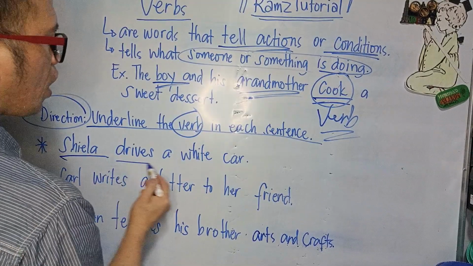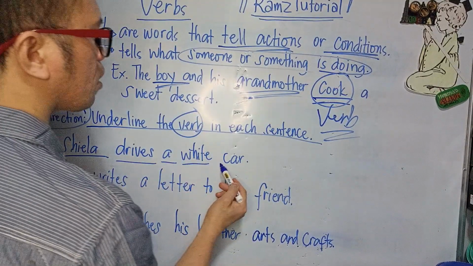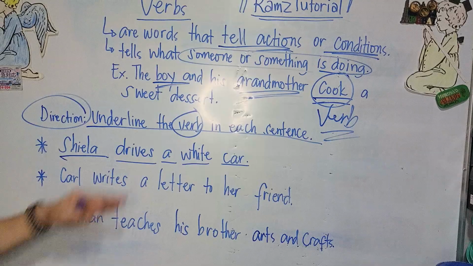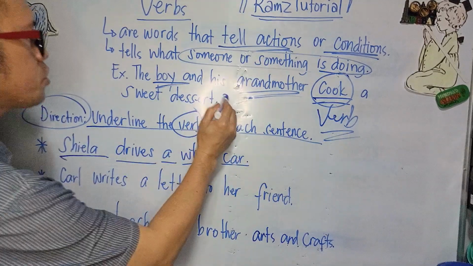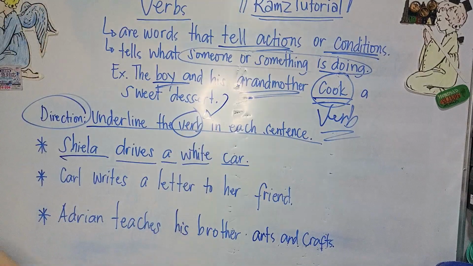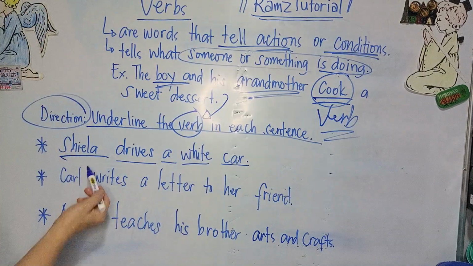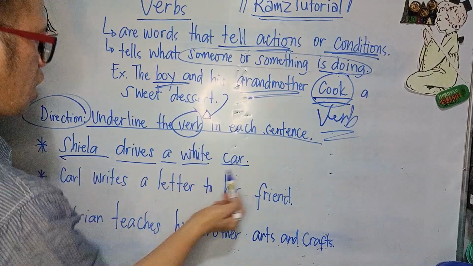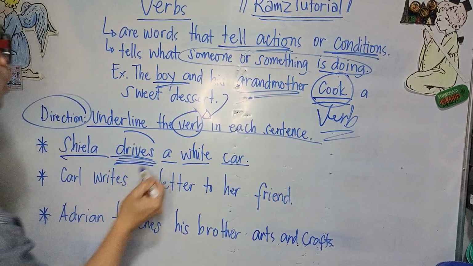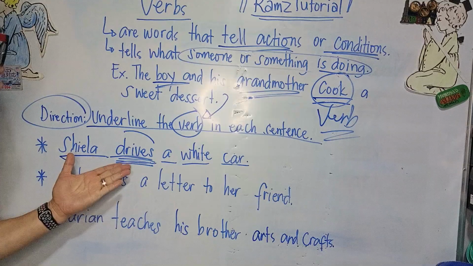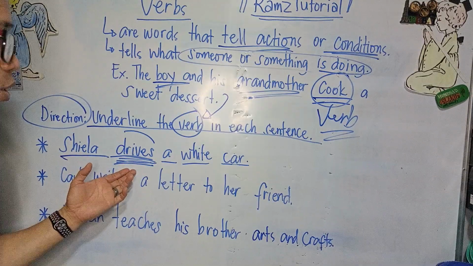Sheila drives a white car. In our sentence, we need to find where the verb is. Again, Sheila drives a white car. We need to underline it twice or thrice to emphasize our answer.